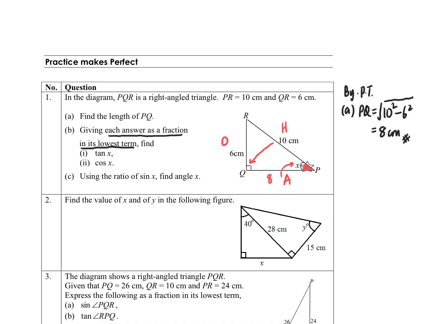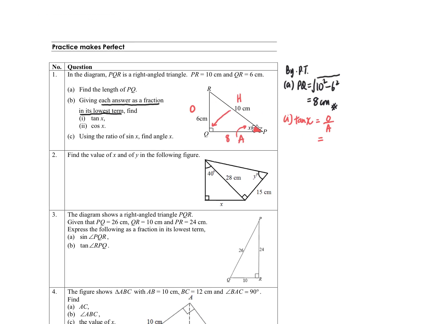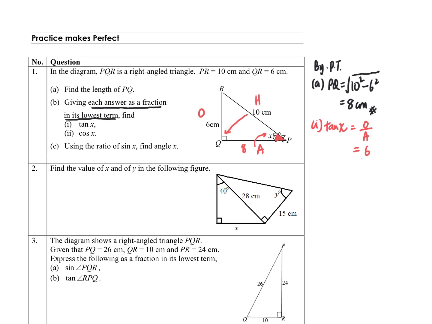So once you identify your HAO, then you can start doing your trigo ratio. So tangent of the angle X is O over A. So O is 6. Okay, O is 6. And A is 8. So give me your fraction in its lowest term. So answer is just 3/4. Okay, don't go and find the angle.